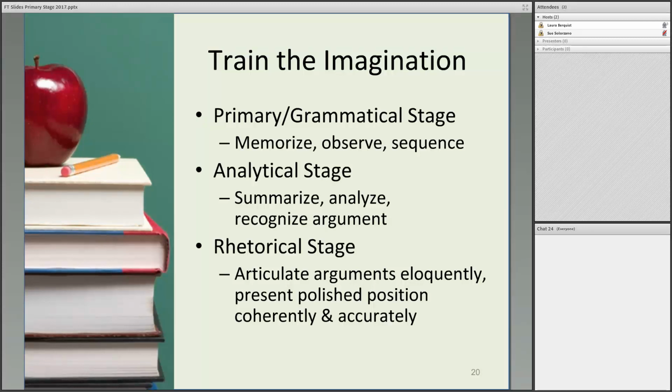You have to keep the images in the imagination to develop an argument, and that is both using it and strengthening it, both simultaneously. And then in the rhetorical stage, we're articulating those arguments eloquently, presenting polished positions coherently and accurately, and having a trained imagination is a great help in doing that, and then exercising it maintains it.